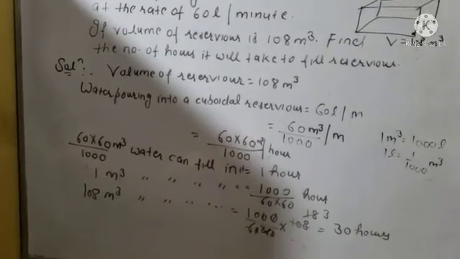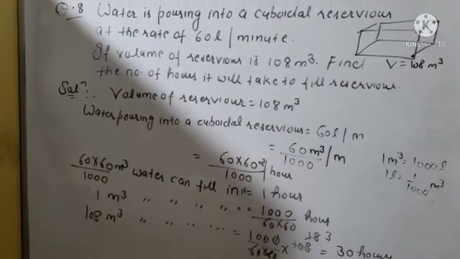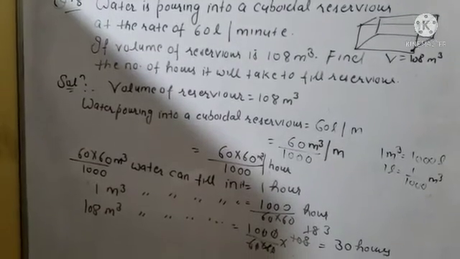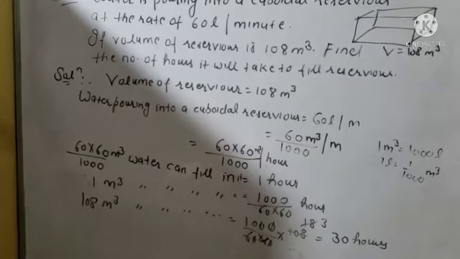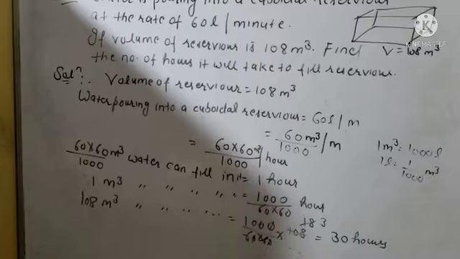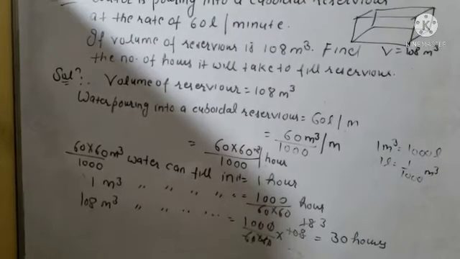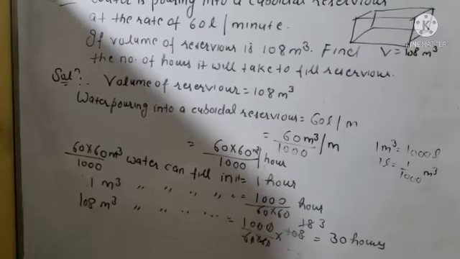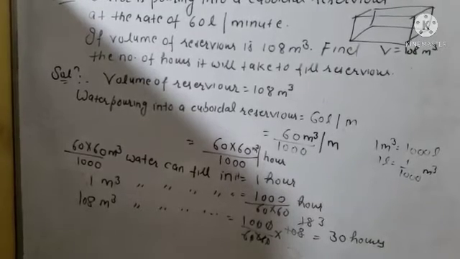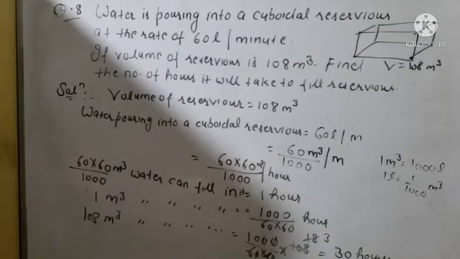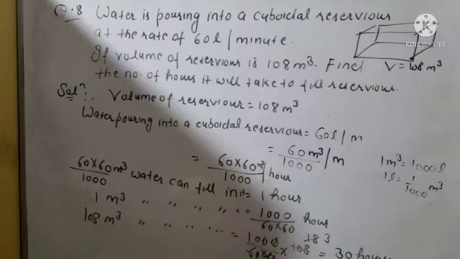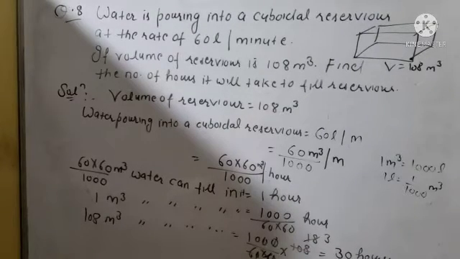You can see 60 into 60 upon 1000 meter cube of water can fill in 1 hour. 1 meter cube of water can fill in 1 upon 60 multiply 1000, so it will be the reciprocal of it: 1000 upon 60 into 60. And next, for 108 meter cube of water, multiply by 108, cancel out and find the number of hours. So how many hours to fill the water in the cuboidal reservoir? You can write down, it will be 30 hours.